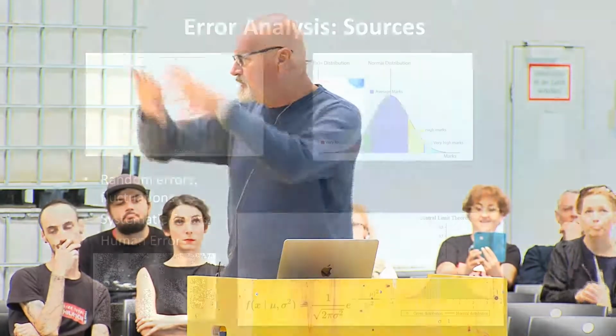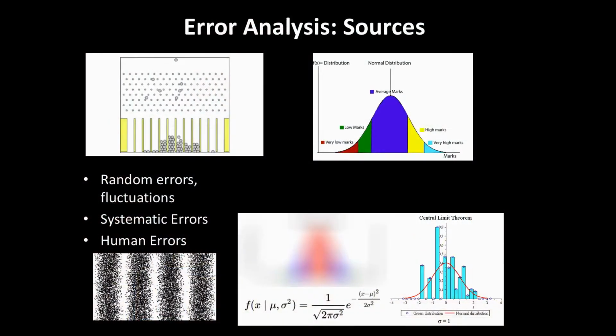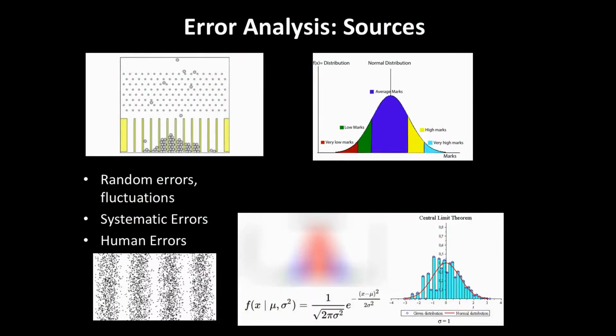And I show at the top right this bell-shaped curve called the normal distribution. You can see in this case it's for students. So the average mark in the class is given by the point where there's a maximum. And then we have students with high marks and low marks.